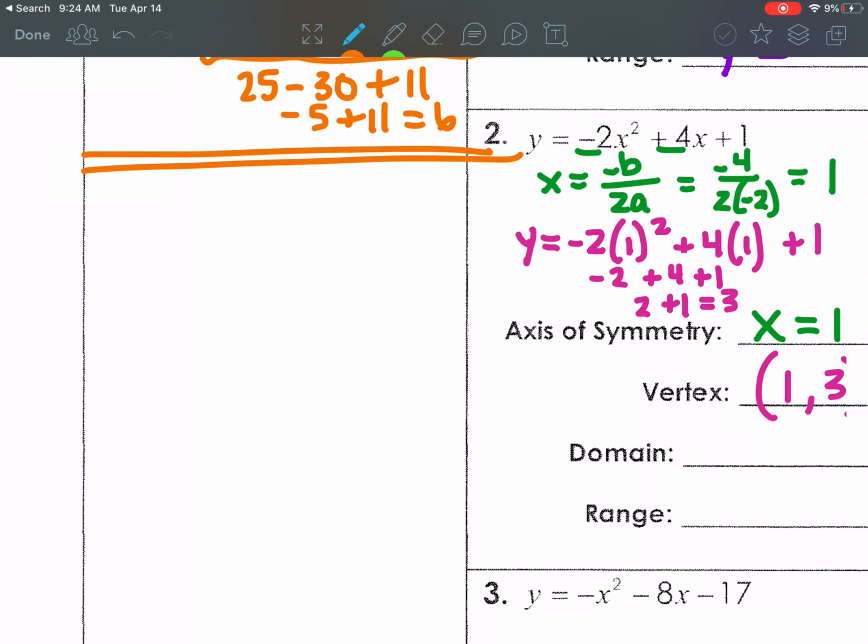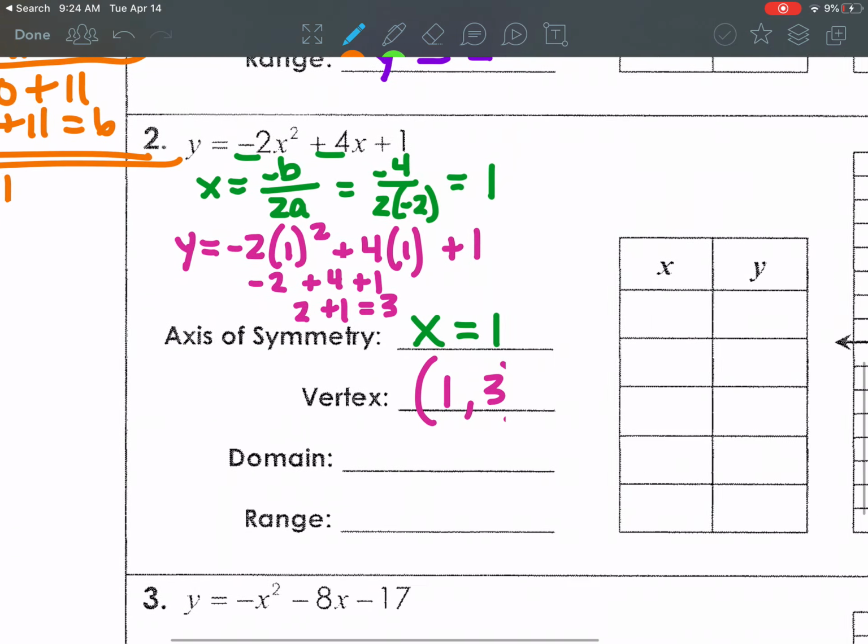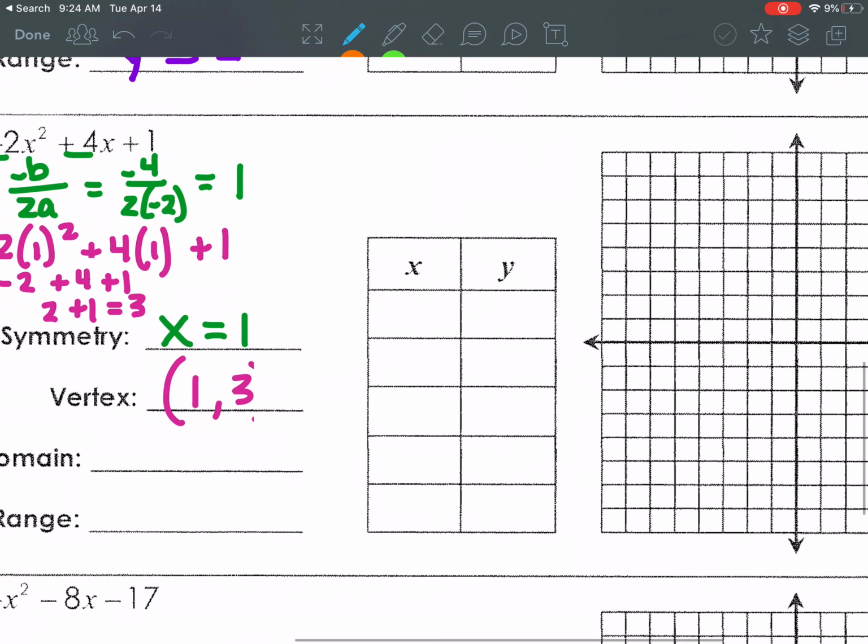Because when we put in 0, everything multiplied is going to be 0. So we're going to get -2 times 0 squared is 0, plus 4 times 0 is 0, plus 1. So y equals 1 when x is 0.